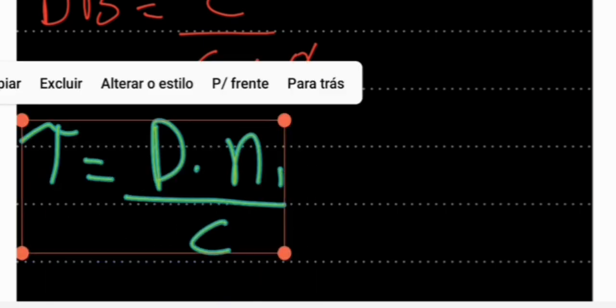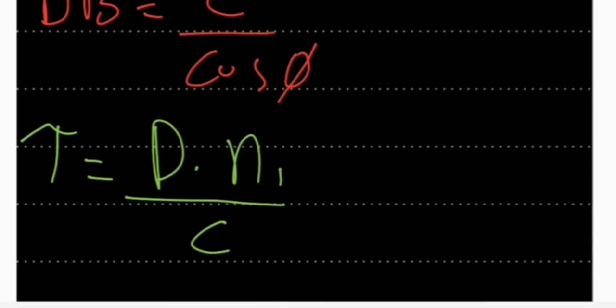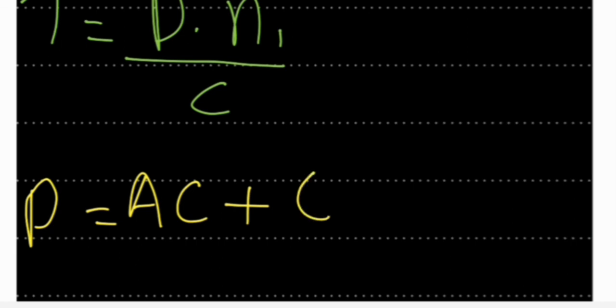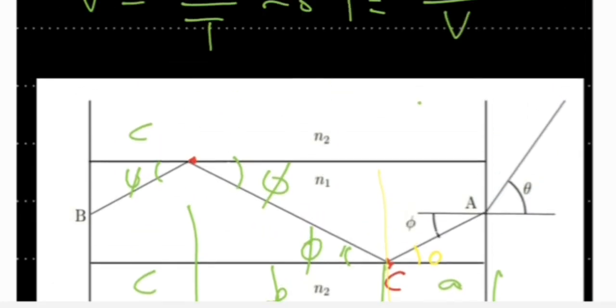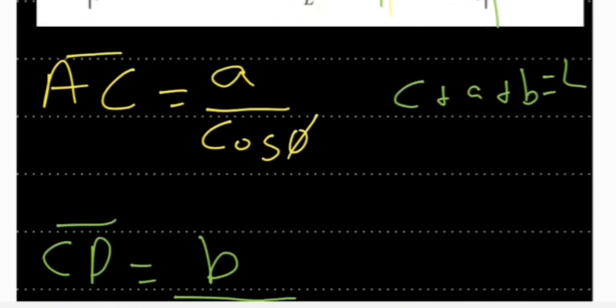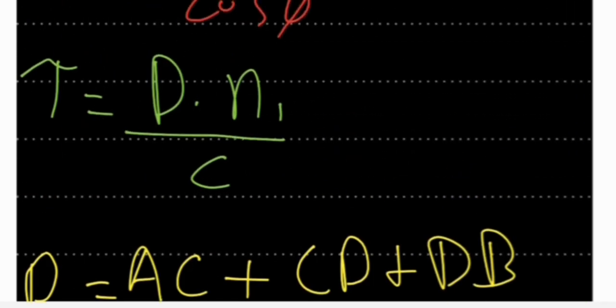What is d? Remember, what is our goal? This is our goal, the time. For the time, we are just missing d, but d is equal to AC plus CD plus DB, right? So what is AC?